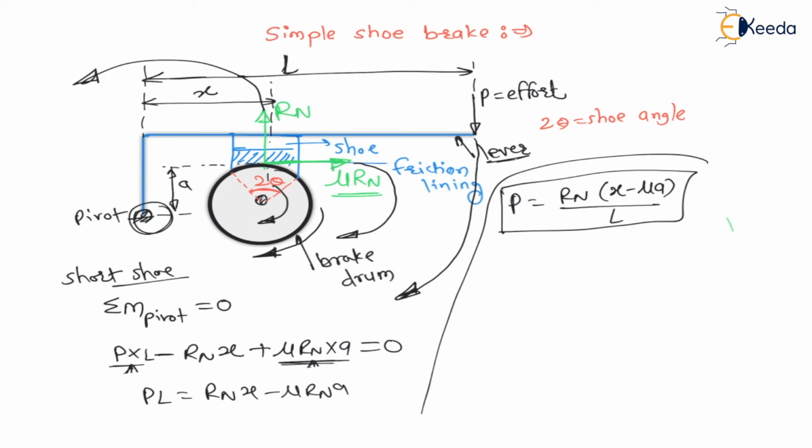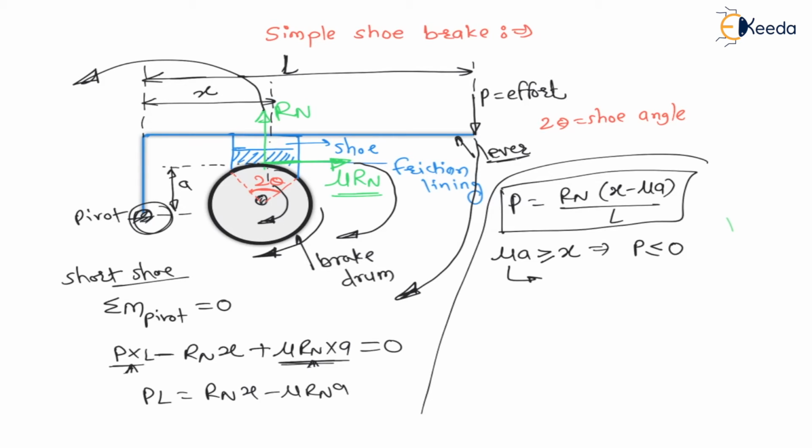Now, my dear students, in this formula, if this mu a becomes more than or equal to x, then applied effort is less than or equal to 0. Whenever this mu a becomes equal to x, the applied effort is 0, and whenever this mu a is more than x, the applied effort is negative.